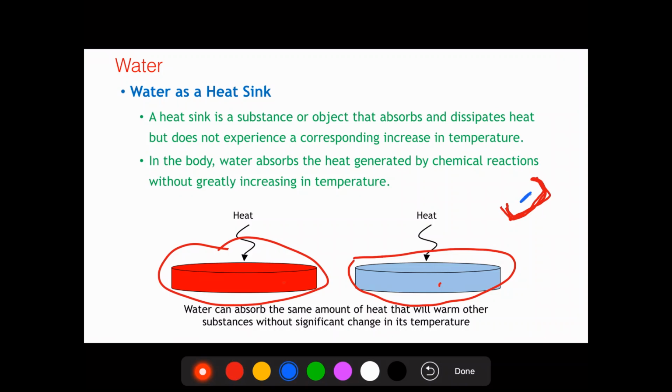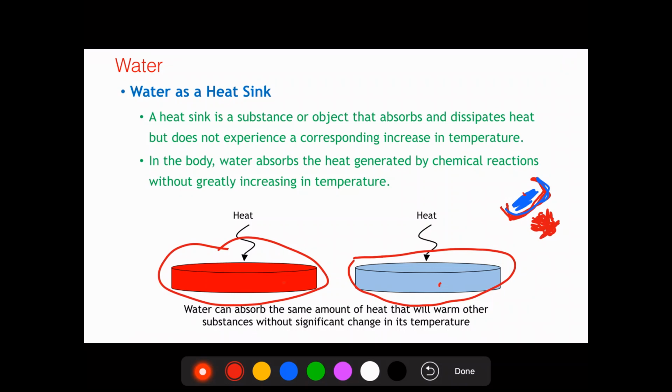But if you put water in it, you can keep it on fire for like 5 minutes. This is fire. I know my drawings are really nice. Okay, so this is water. You can boil it for 5 minutes, or keep it on fire for 5 minutes, and still you can put your hand in the water and it's not burning.